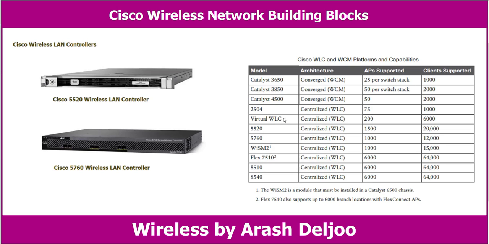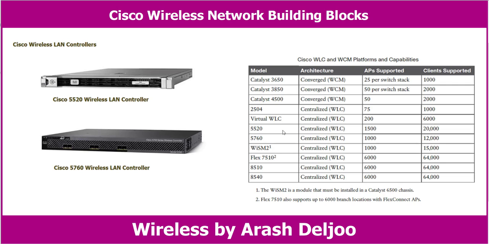Here you can see that it can be used in the centralized architecture, or wireless LAN controller, with up to 200 APs supported, and up to 6,000 clients. Also, here we have two other appliances, the Cisco 5520 wireless LAN controller and the Cisco 5760 wireless LAN controller.